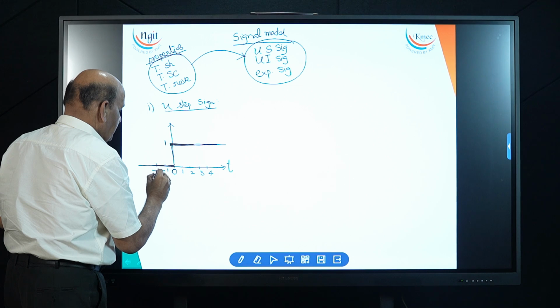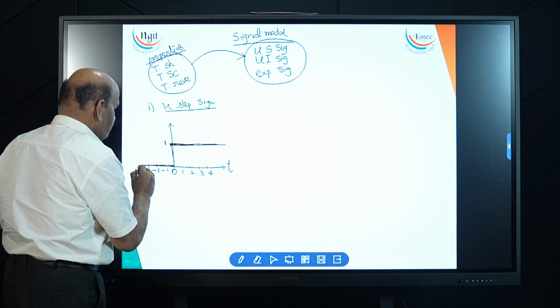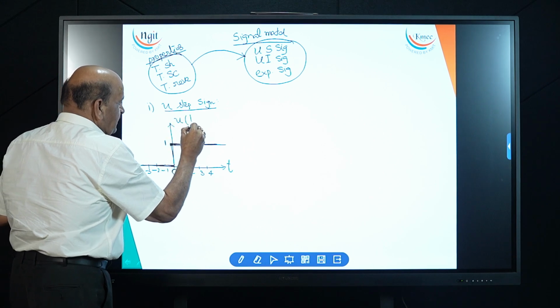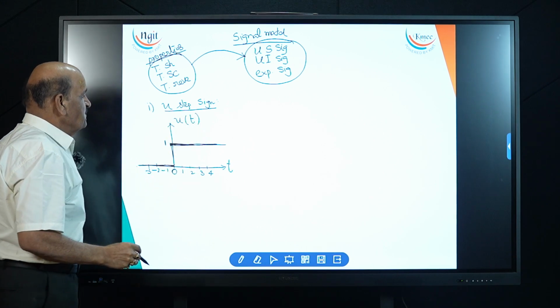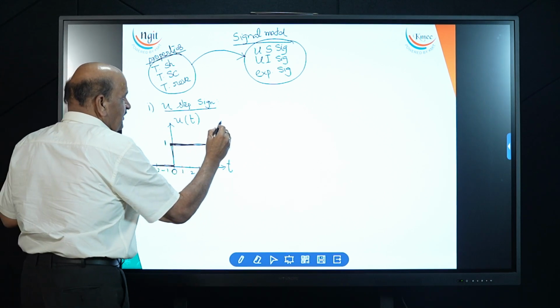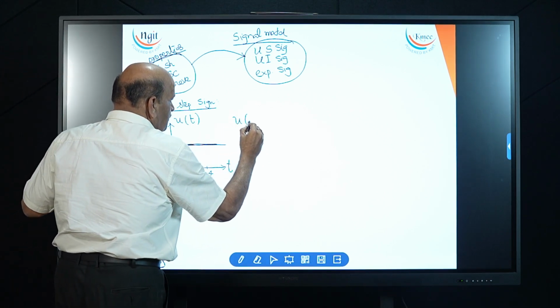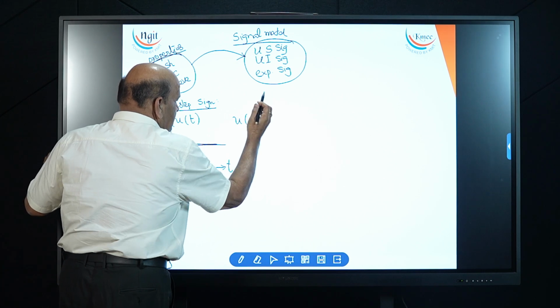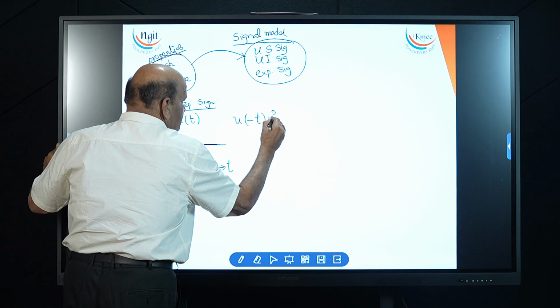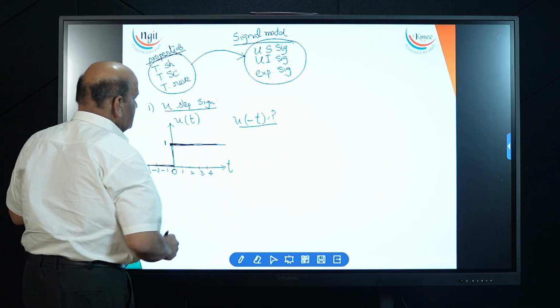So what type of function is this? This is u of t. For example, what is u of minus t? It is time inversion.